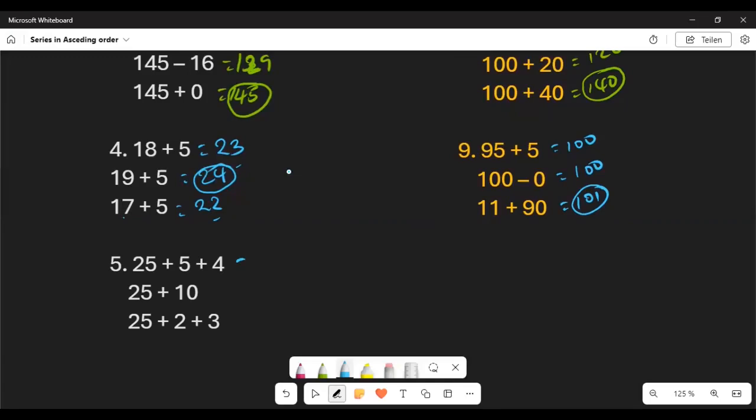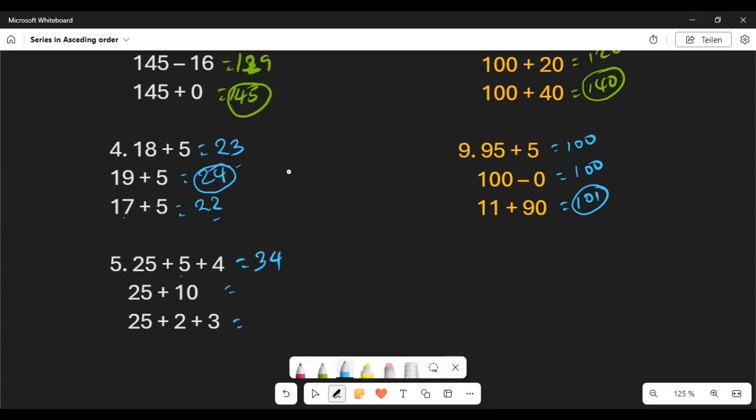So how about here? We want to find out the answers first of all, and then find out which one is the biggest or the largest answer. From there, we get the largest number, and that's what we cycle. So we have here 25 plus 5 will give us 30. 30 plus 4 will give us 34.